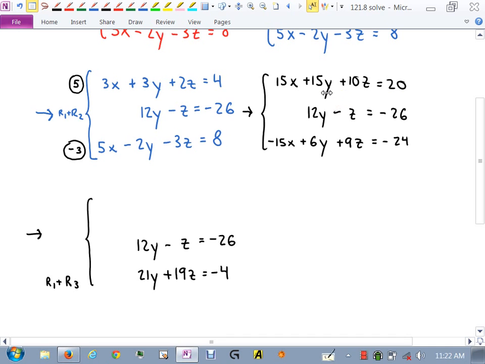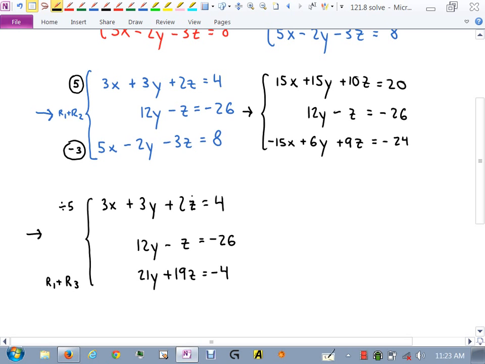I realize I made it more complicated by multiplying by 5, so I'm going to undo that by dividing by 5, just to make my numbers smaller. Make sense? So I'm going to put here divide by 5. That's what I'm doing to get my first row back to its original form, 3x plus 3y plus 2z equals 4. We good?